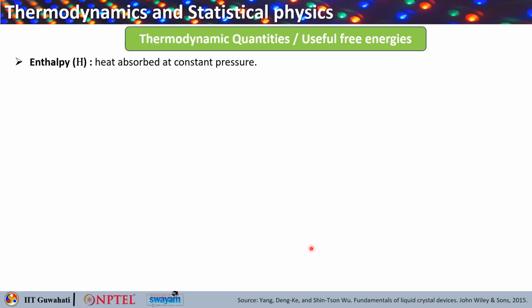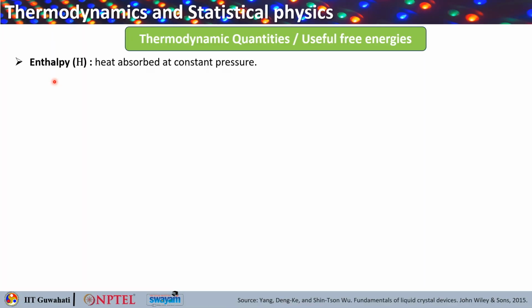Okay. So, here we will look into some more thermodynamic quantities and useful free energies. The first one is the enthalpy H, that is basically the heat absorbed at constant pressure. So, for a system, the enthalpy H is basically defined by the heat absorbed at a constant pressure.